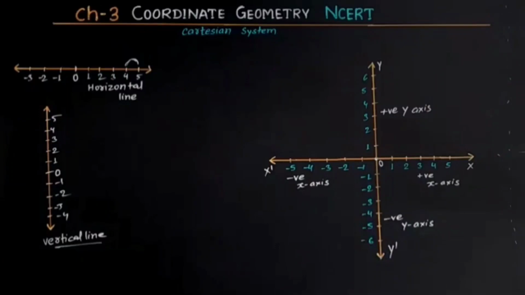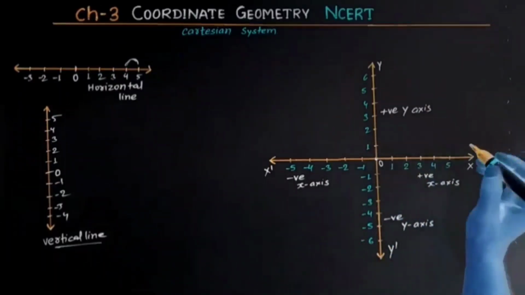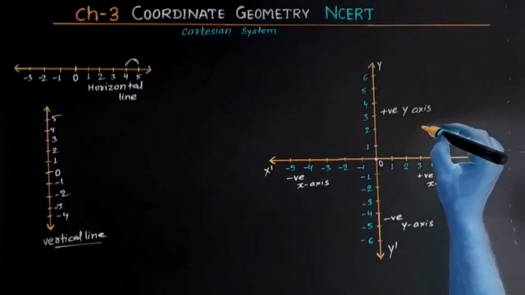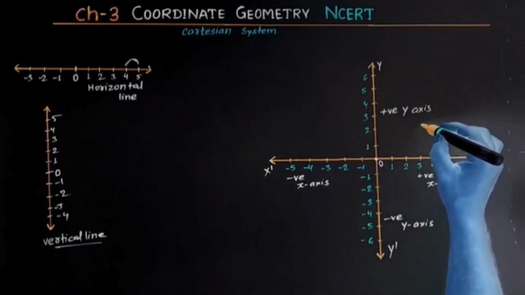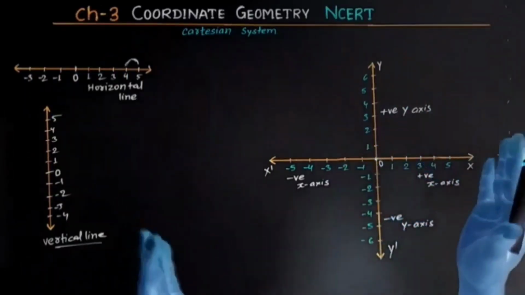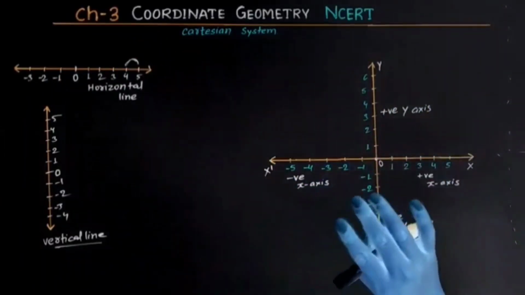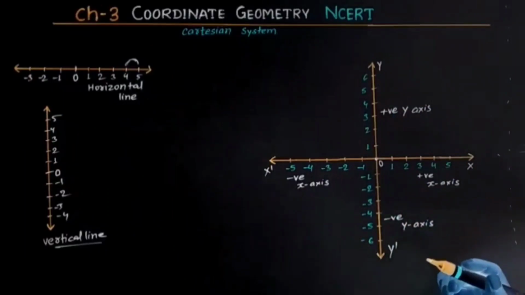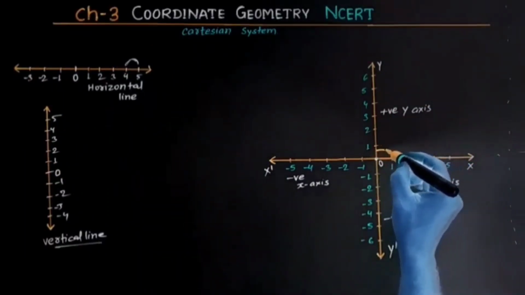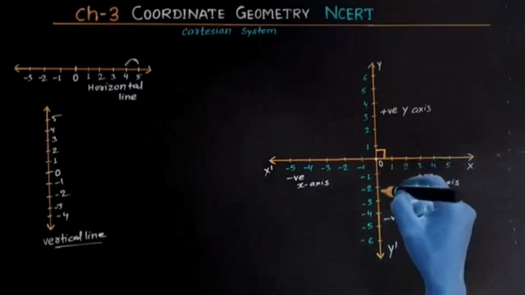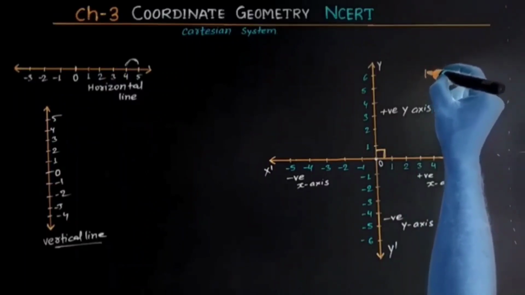So this is the first step to plot a point in a Cartesian plane. Let me take one point in the first quadrant. You know, these two line segments, the horizontal line and the vertical line, divide the Cartesian plane into four parts. The first part is known as the first quadrant.